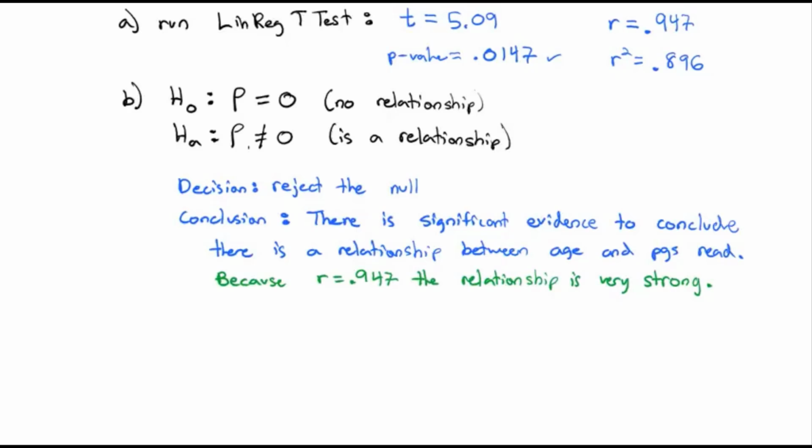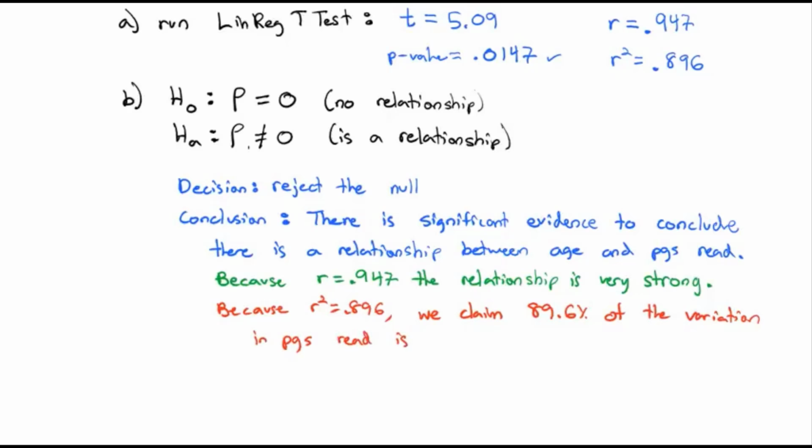We can even go one step further and say, because r squared equals 0.896, we can claim that 89.6% of the variation in the dependent variable, or in pages read, is explained by the independent variable, or by age.